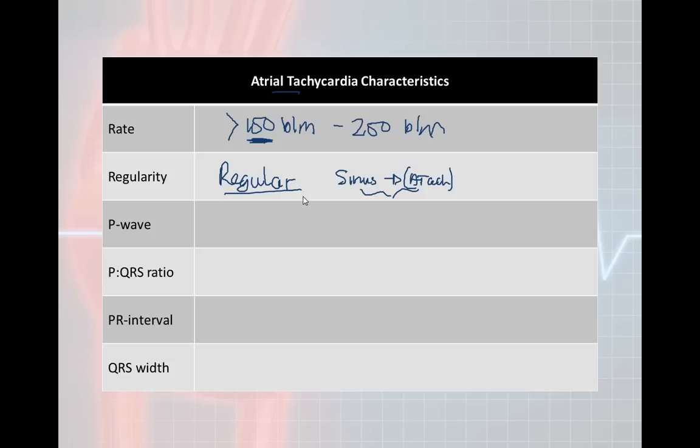The P waves are going to be present. That's how you can tell it's an atrial tachycardia, because there are identifiable P waves that are present. But these P waves are going to be different than the underlying SA node rhythm.